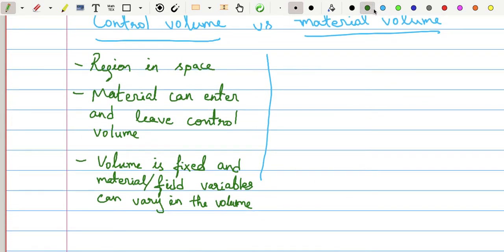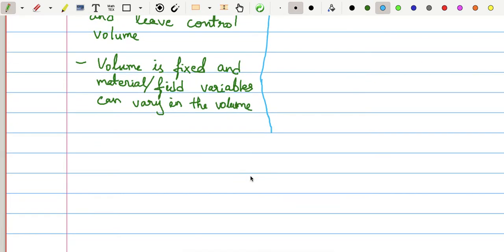Related to this concept of control volume is an associated concept of spatial time derivative.